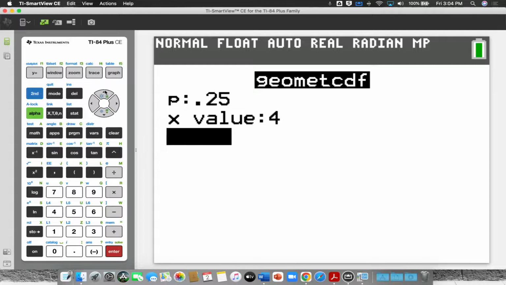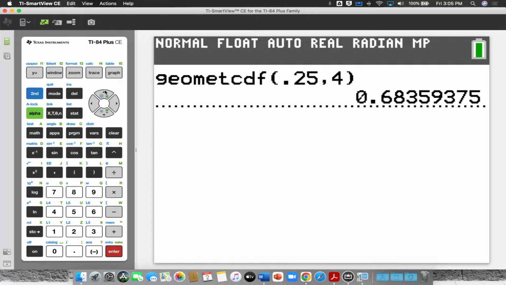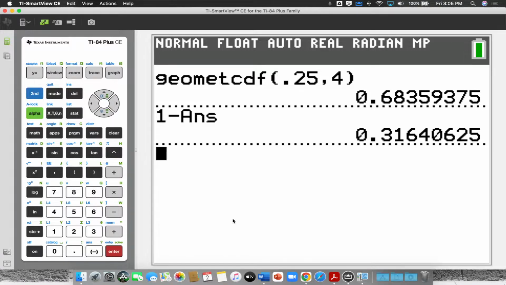This plus the probability he wins on his second ticket he buys, plus the probability he wins on his third ticket he buys, plus the probability he wins on his fourth ticket, all added up. That's not what I want, but I'm going to take that number and subtract it from a whole, and that'll give me the number. Okay? So 1 minus previous answer, and that's it right there.